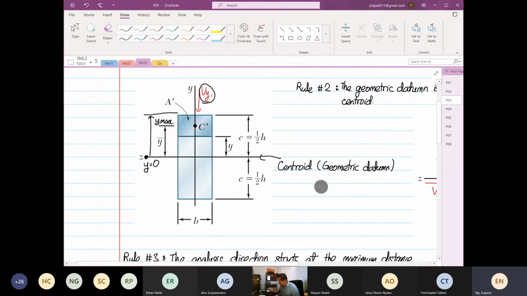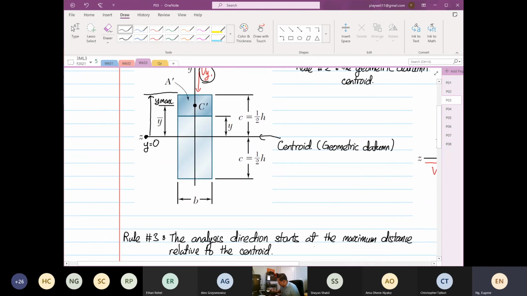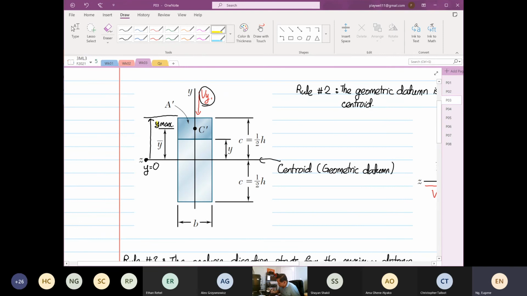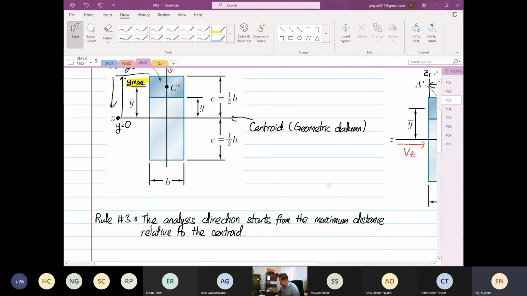Coming back to this diagram over here, the analysis direction starts from the maximum distance relative to the centroid. In this diagram, this is our Y max, so the analysis starts from here and then moves inwards. It moves towards the centroid.